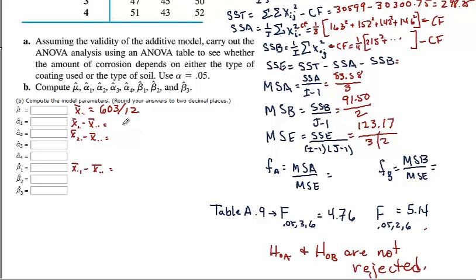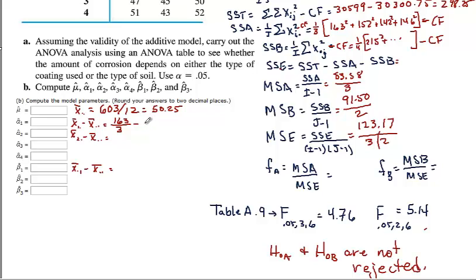So for our alpha 1 hat, for our row 1 we had 163, so we're going to do 163 divided by the 3 data points, and then minus whatever I got for this, which I think is 50.25.